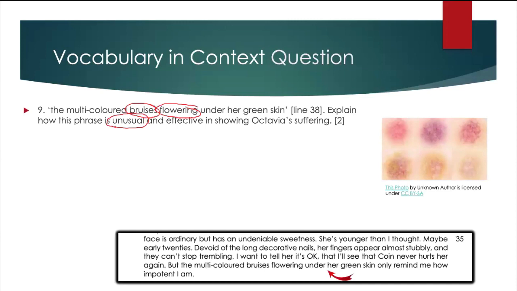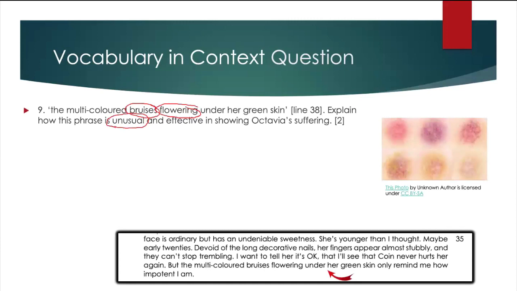No. Now can you? So the phrase is unusual because bruises generally look very unpleasant, but yet are being compared with the beauty of a flower.